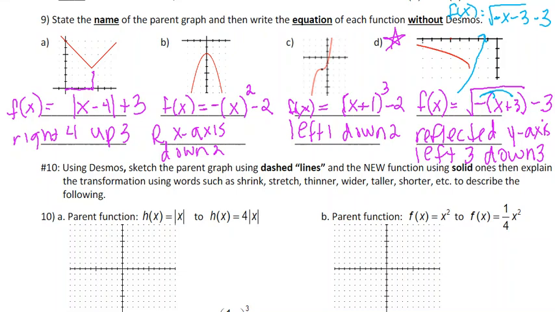The weird part about that is you have to factor it out in order to see the correct shift. That's why I like this better, but you need to factor that negative out because that's going to give you the correct horizontal shift.